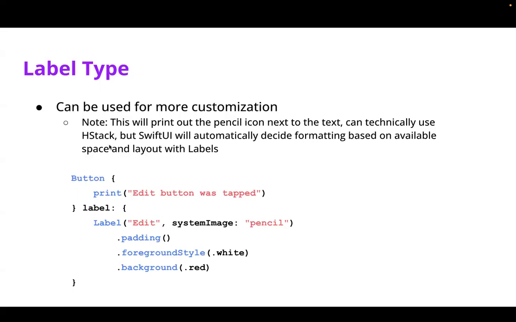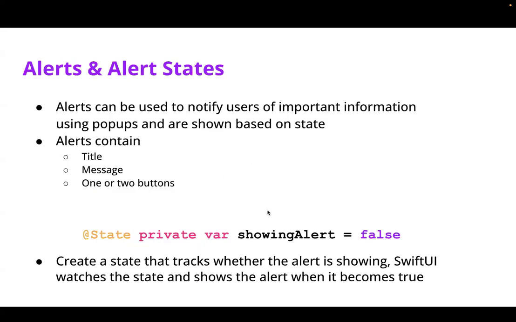And just a note, we went over HStacks in the beginning, and this kind of layout can also be done with HStacks, but normally when we are styling buttons, it's more helpful to use labels because SwiftUI will make a smarter decision using labels and automatically decide formatting based on the available space and however the UI or iOS version that the user is on looks like.